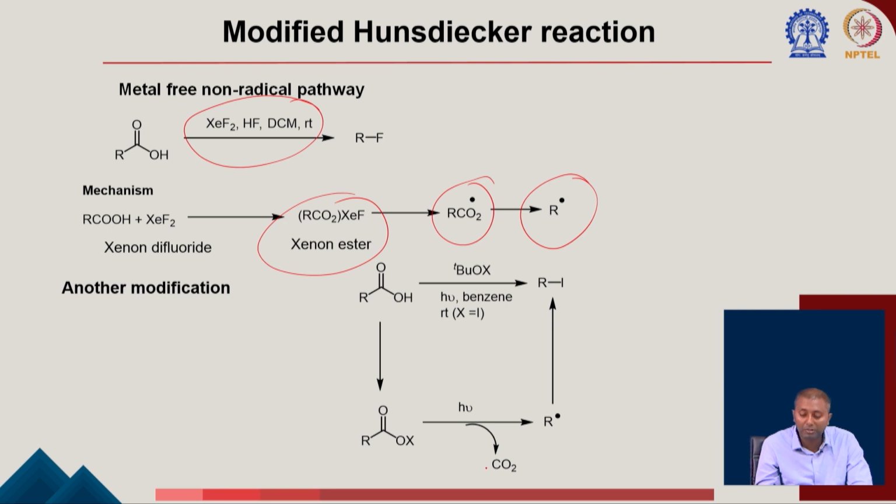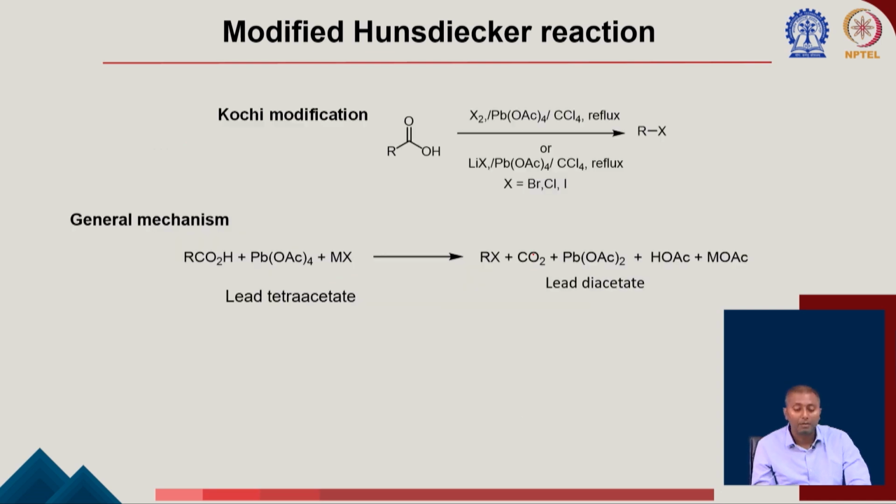Again, you can see once you have R dot, if you use tributyl tin X, it could be a halide, then it is going to abstract this halogen to form the corresponding RX. So there is a Cauchy modification here using lead tetraacetate, X2, lead tetraacetate, carbon tetrachloride, reflux. What is happening again: the lead tetraacetate is forming lead diacetate at the end, with formation of the RX.